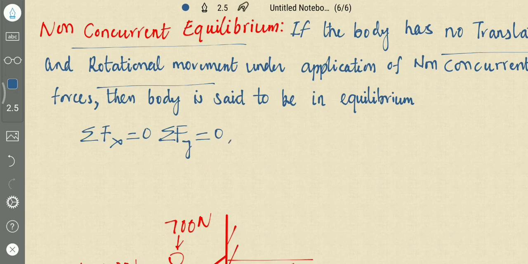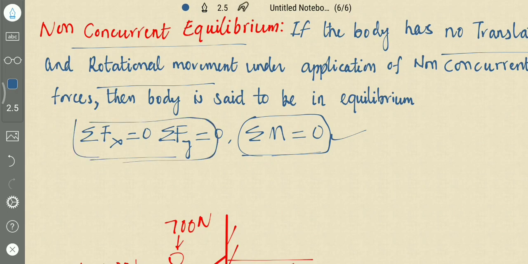This is for restriction of translation, and sigma M equal to 0, which means the sum of moments about a point made by all the non-concurrent forces should be equal to 0. This is restriction of rotation, and that is restriction of translation, so that the body remains in equilibrium.